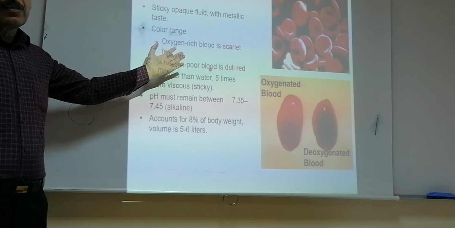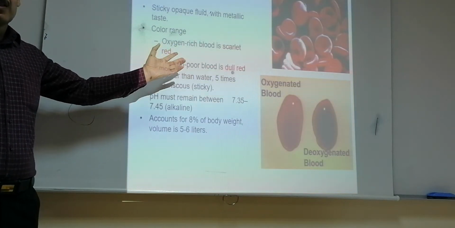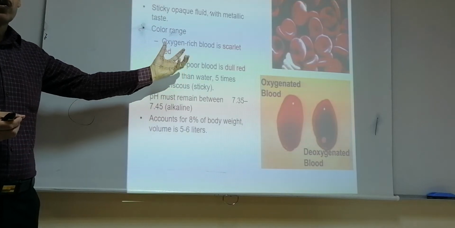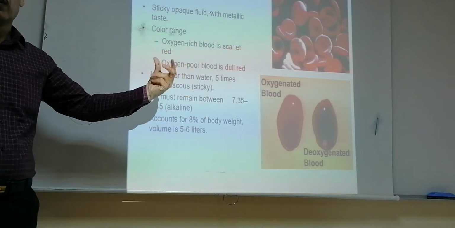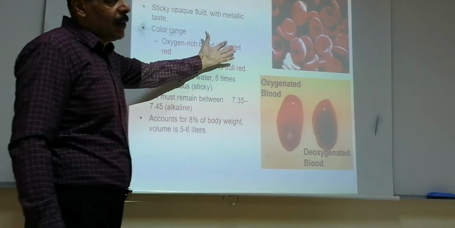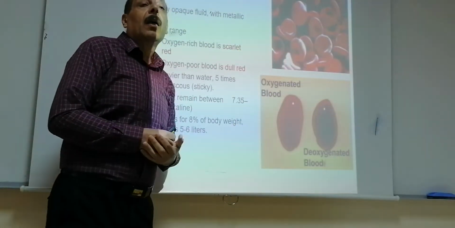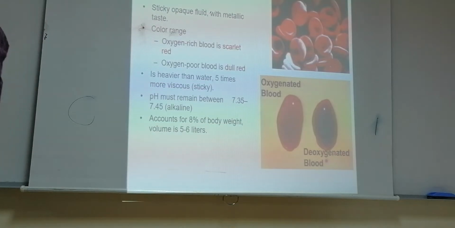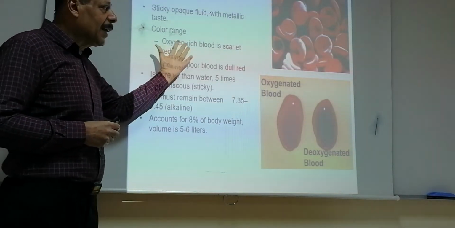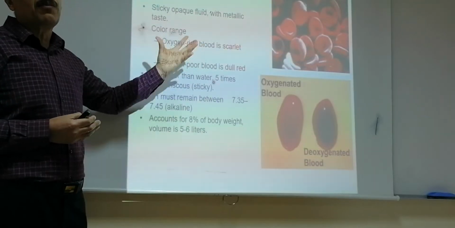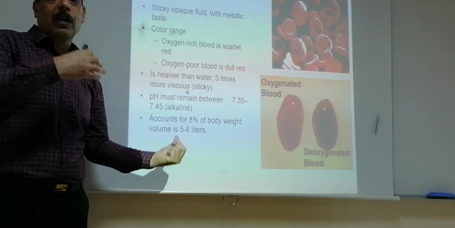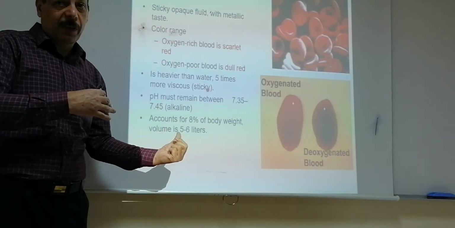The color of it is red. It is taking its color from what? Which portion of blood gives its color? Hemoglobin. The hemoglobin or the red blood cells. So the color is given by the red blood cells. And that color is also affected by whether the red blood cells are carrying oxygen or carbon dioxide.